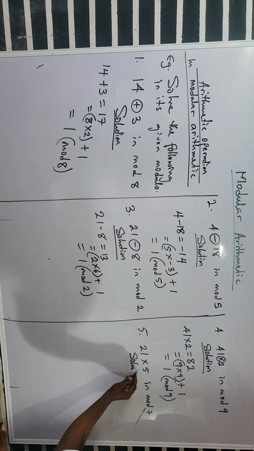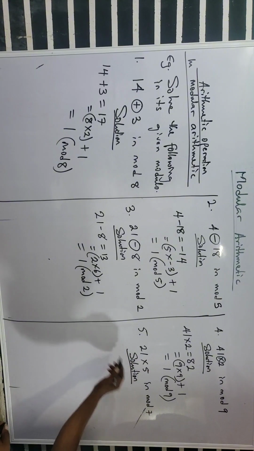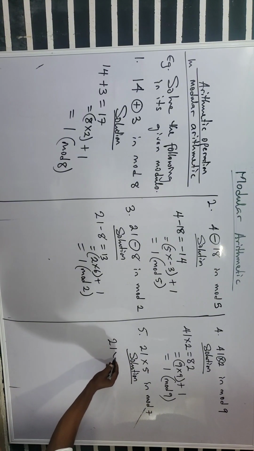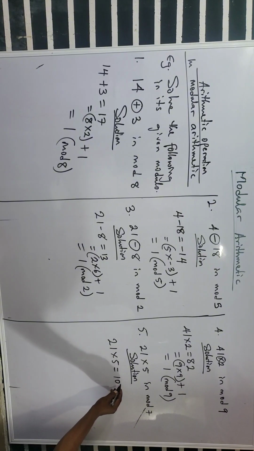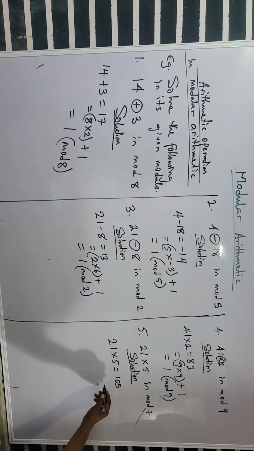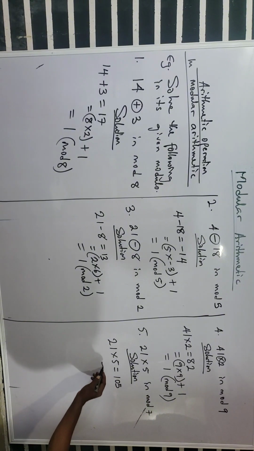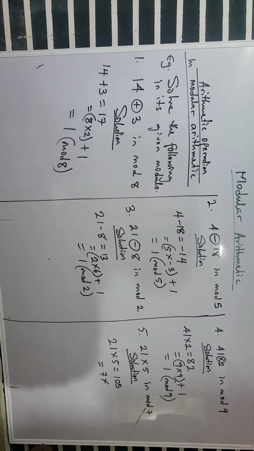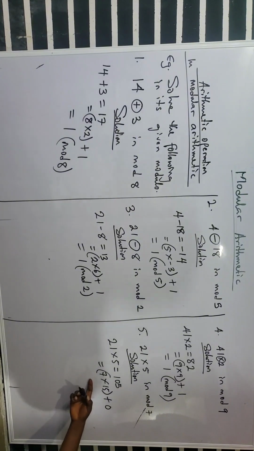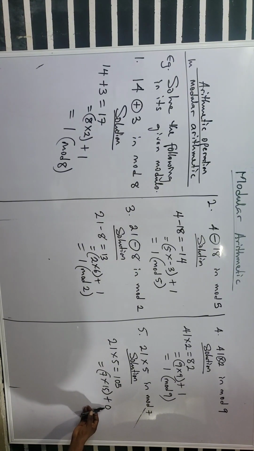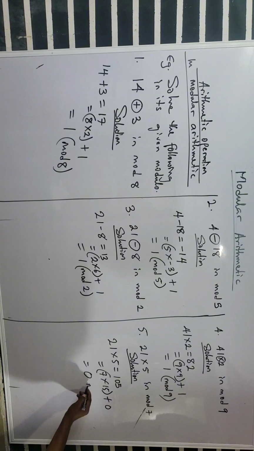You have your solution. 21 times 5, that will give you 105. 7 times which number will give us the one closest to 105? 7 times 15 will give us 105, so plus 0. So you can see in this case there is no remainder, okay? So we can have 0, so that will give us 0 modulo 7.